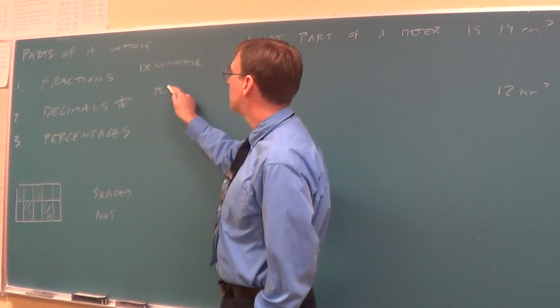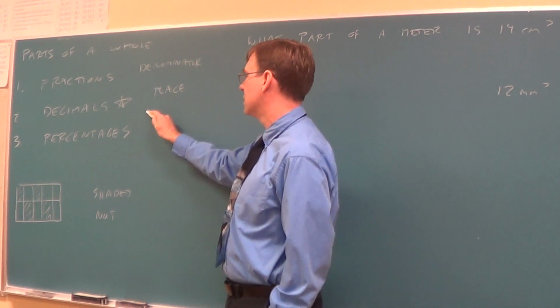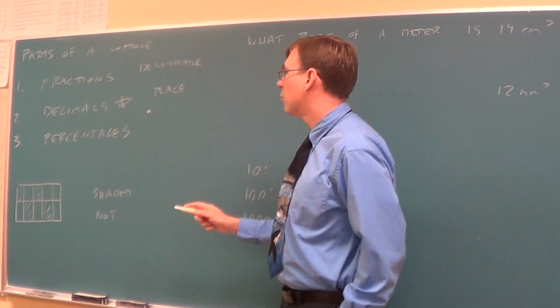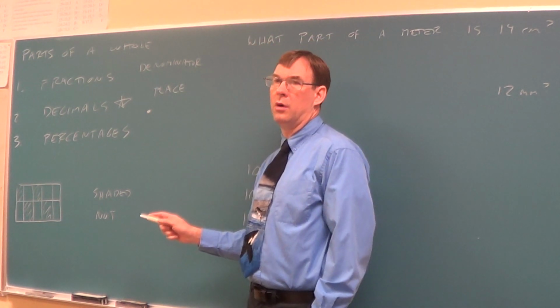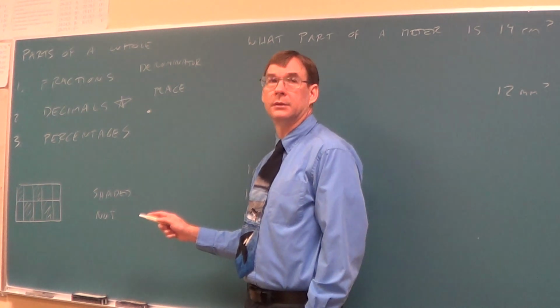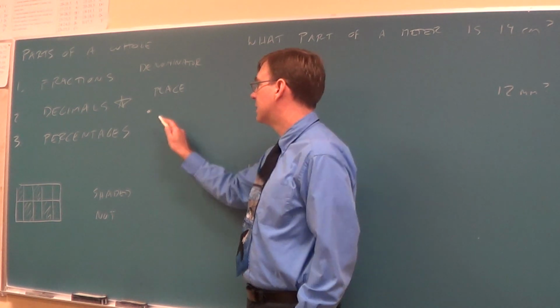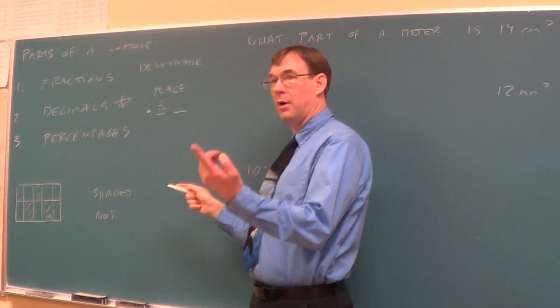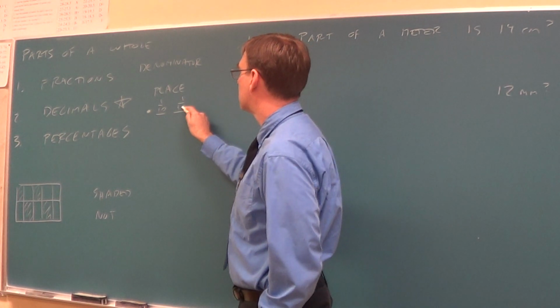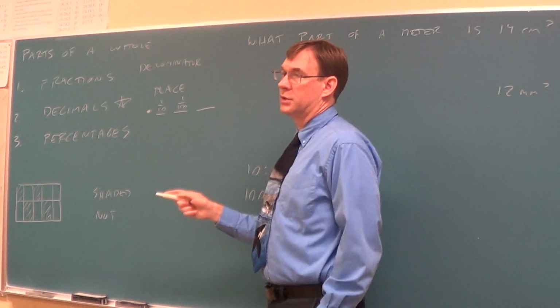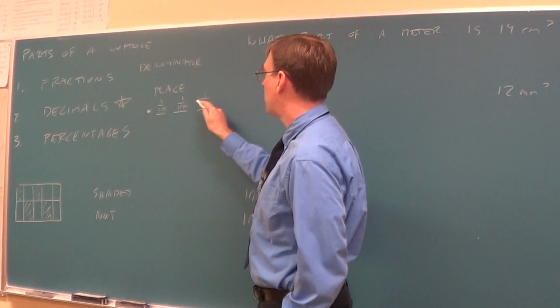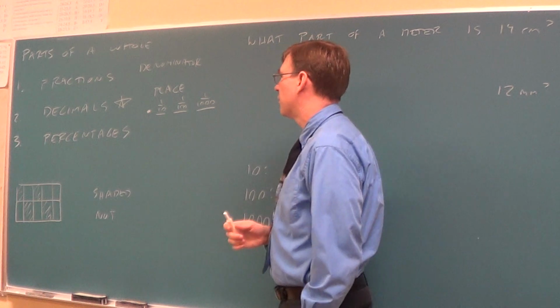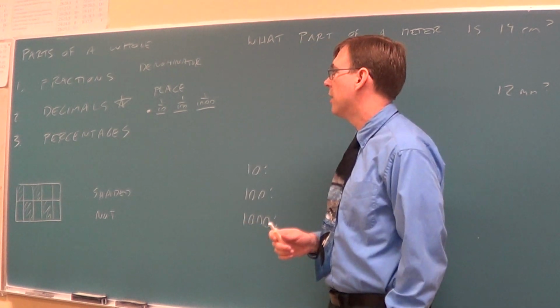Decimals, the most important thing about a decimal is its place. If we go right after the decimal, what place is that? That is the tenths place. If we go one more place over, what's that one? Hundredths place. One more place over is the thousandths place. And those are by far the three most frequent places.